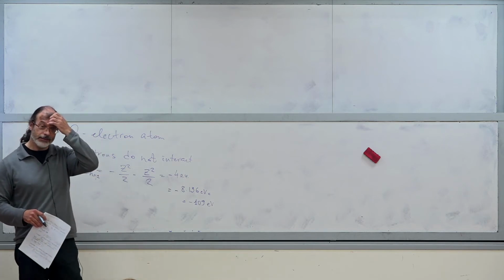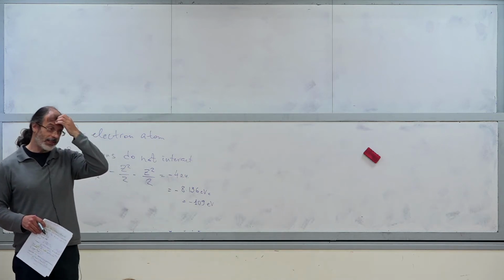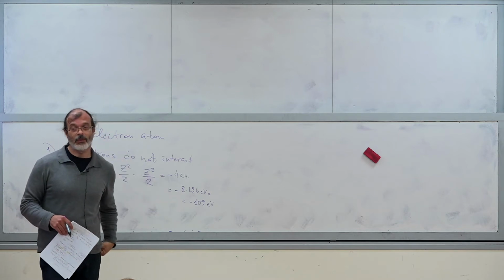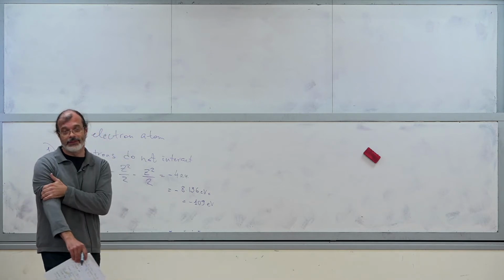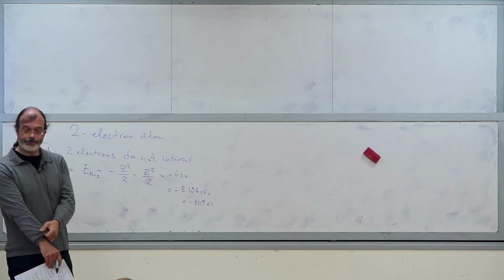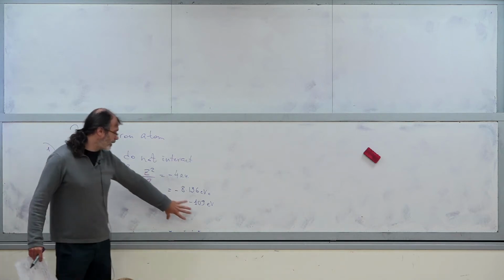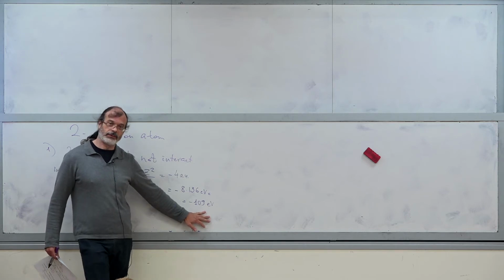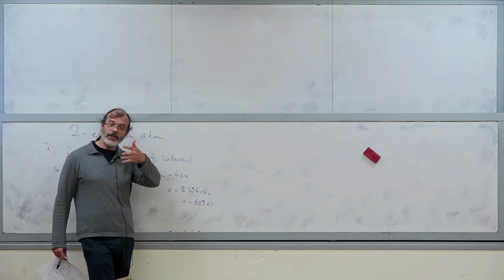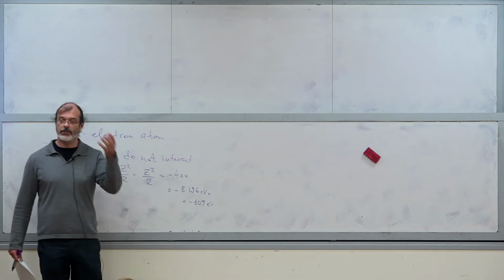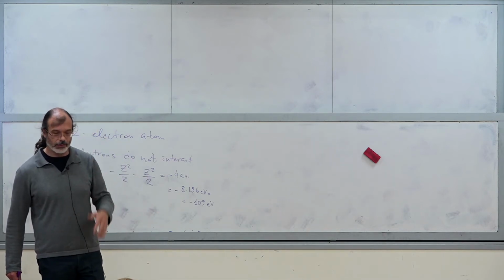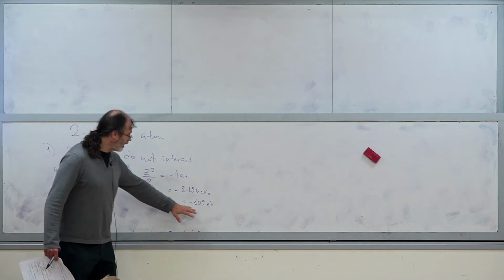So now we can ask ourselves, let's check in the experiment what is the ionization energy of the helium atom. I remind you that this is our calculation of the binding energy of 2 electrons to the nucleus.